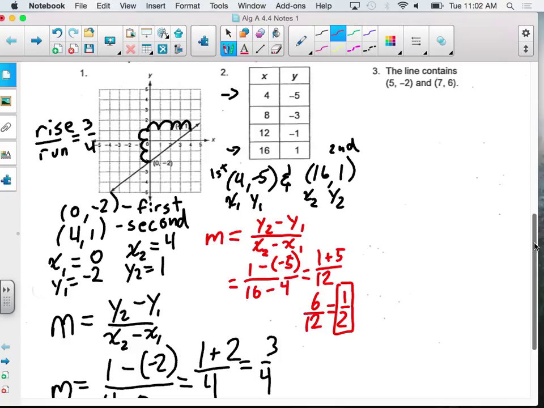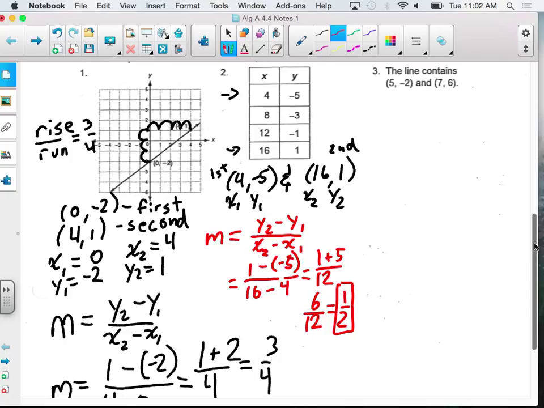So when you substitute in your values, it's usually a good idea to put parentheses around the second one. Good question. So up top we have -5 minus -3. Downstairs we have 4 minus 8.